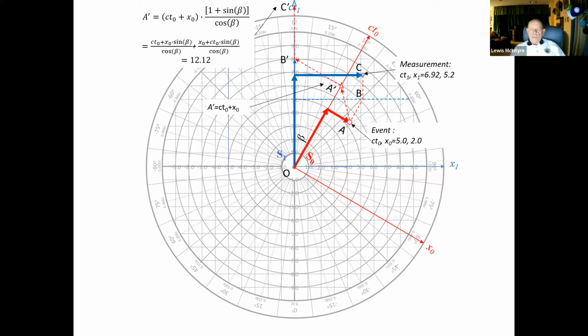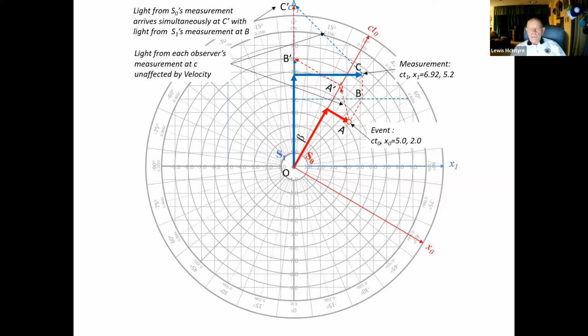We rearranged the Doppler shift of CT0 and X0 to show that it is also the sum of the Lorentz transform of CT0 and X0.